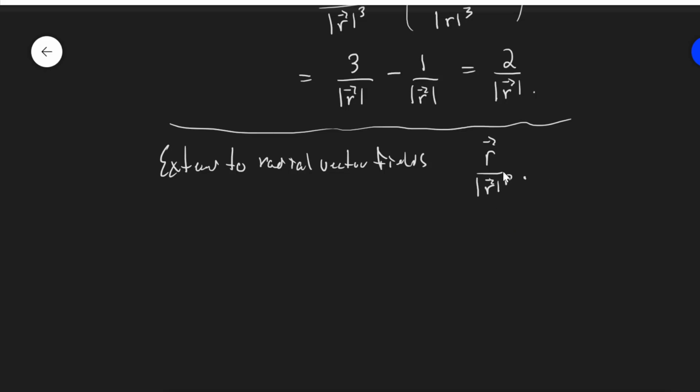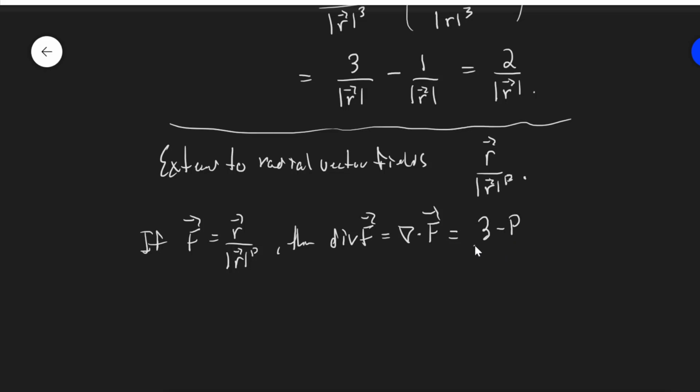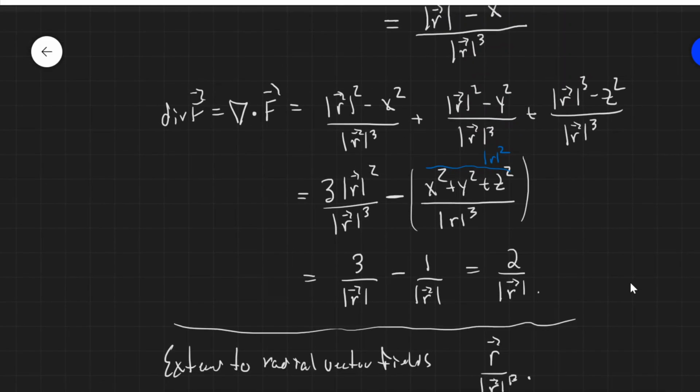I won't go through the whole derivation of this, but I'll just state the result that if F is from this class of radial vector fields, then the divergence of F, del dot F, is in general 3 minus p over magnitude of r to the p.